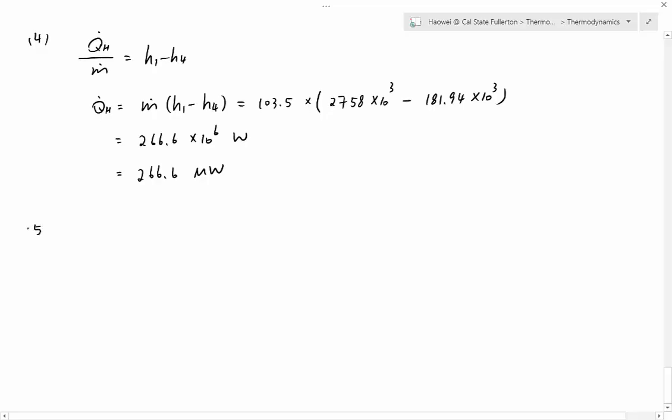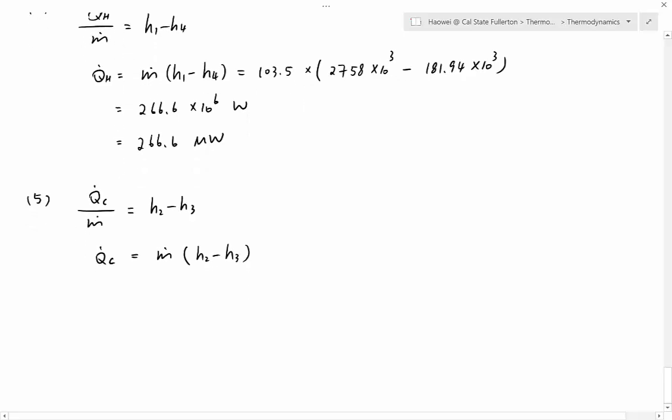Okay, and then the next part is to look for heat loss. And we do have the equation Q dot C over M dot is equal to H2 minus H3. So Q dot C can be calculated from M dot multiplied by (H2 minus H3). So now again, you just repeat plugging all the numbers. Our solution is 166.6 megawatts. So this is heat loss.